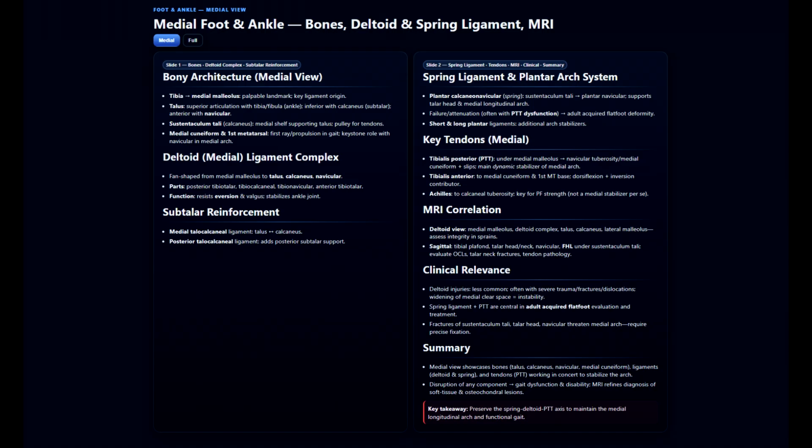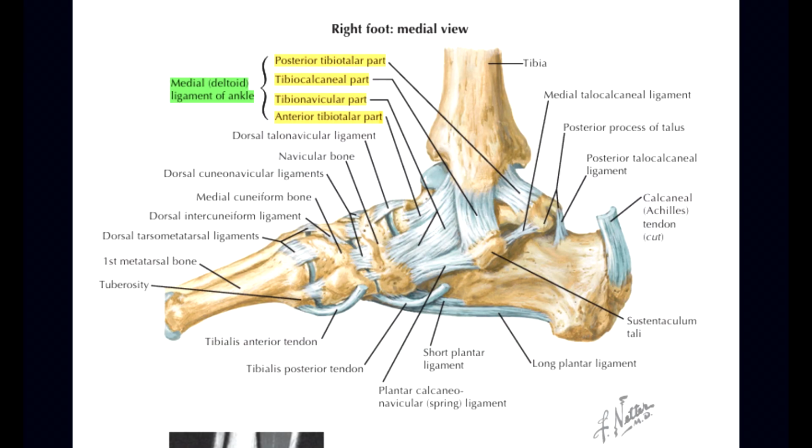Ligamentous structures, the medial deltoid ligament. The most important ligamentous structure in this view is the deltoid ligament of the ankle, which is not a single ligament, but a complex of 4 parts. These include the posterior tibiotalar part, the tibiocalcaneal part, the tibionavicular part, and the anterior tibiotalar part.